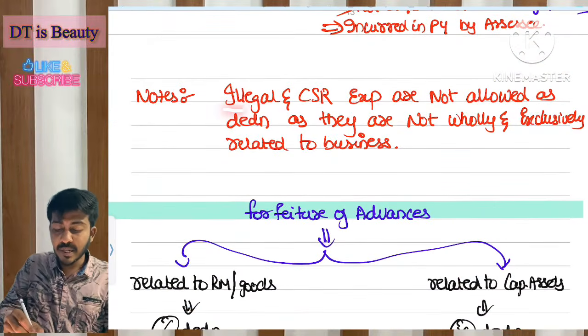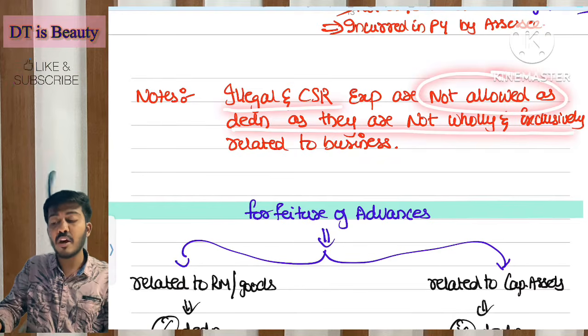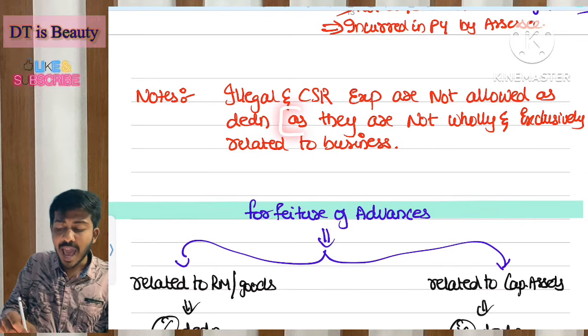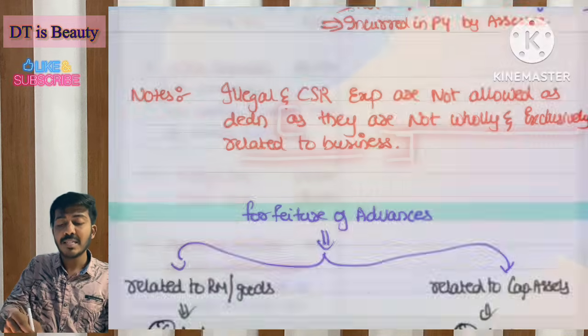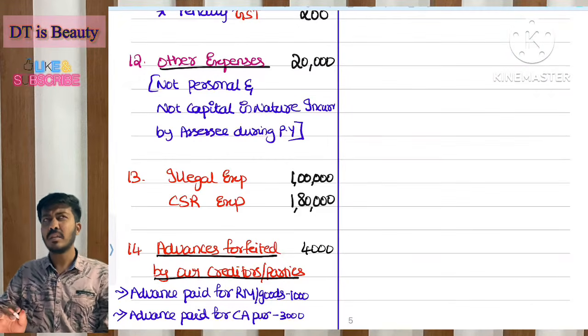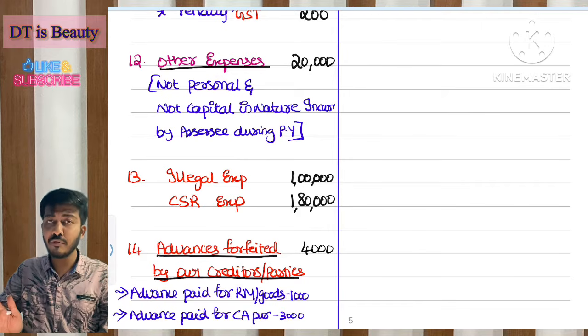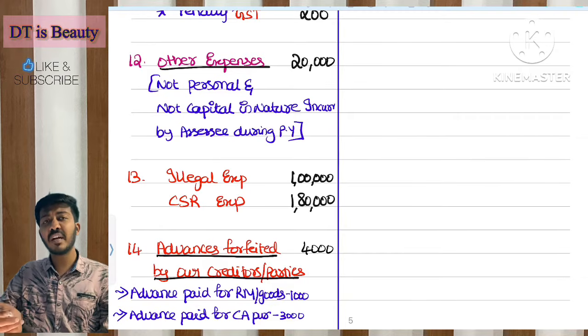And next come to the other notes. Any illegal expenses or CSR expenditure are not allowed as deduction as they are not wholly and exclusively related to the business. CSR expenditure means as the corporates are creating some damage to nature and environment, they are supposed to do some good things for society like planting trees, cleaning water, whatever it might be.